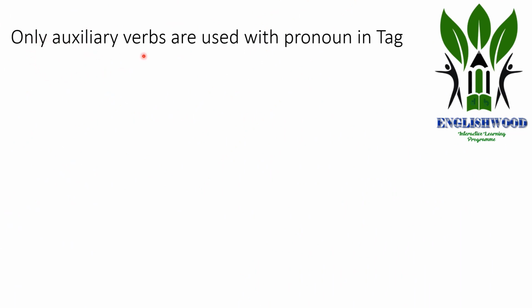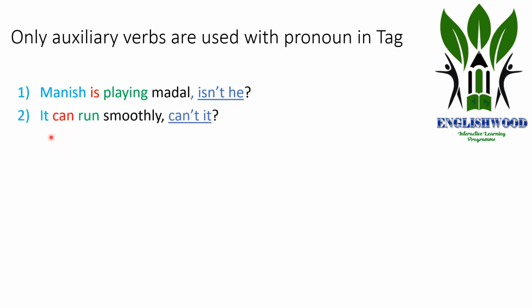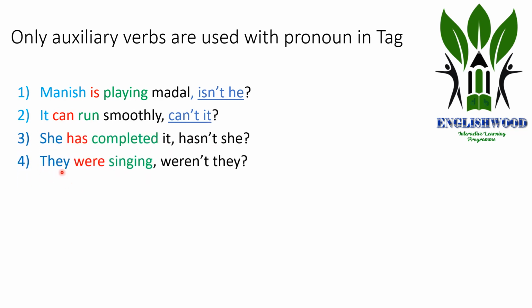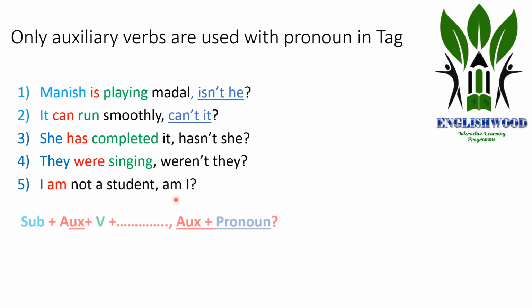Only auxiliary verbs are used with the pronoun in a tag question. For example, Manish is playing Madal, isn't he? It can run smoothly, can't it? She has completed it, hasn't she? They were singing, weren't they? I am not a student, am I?